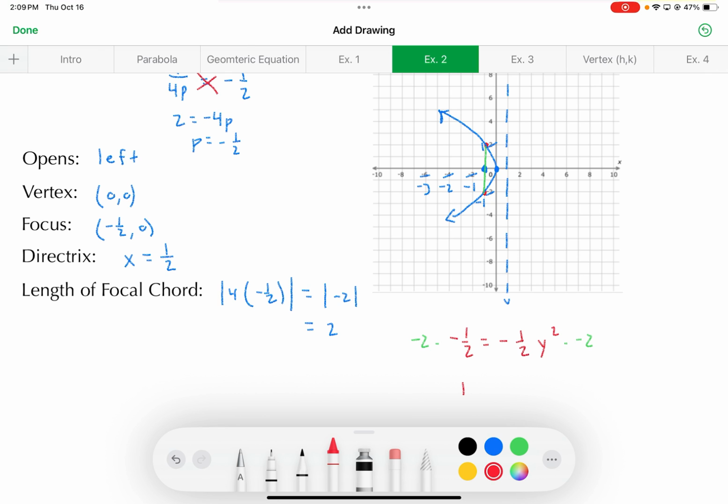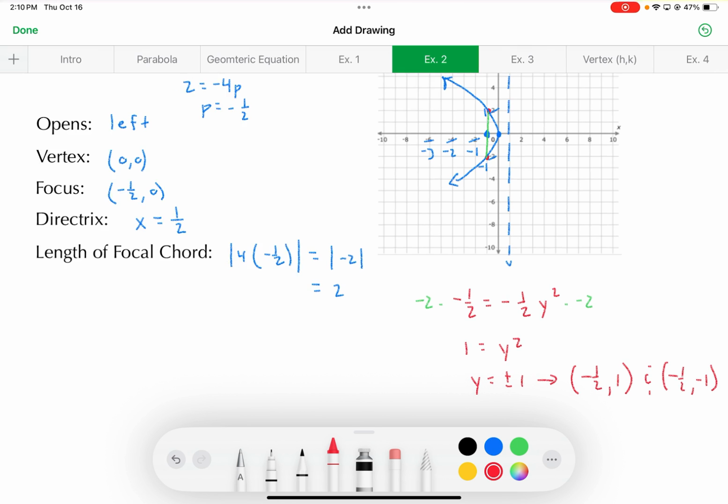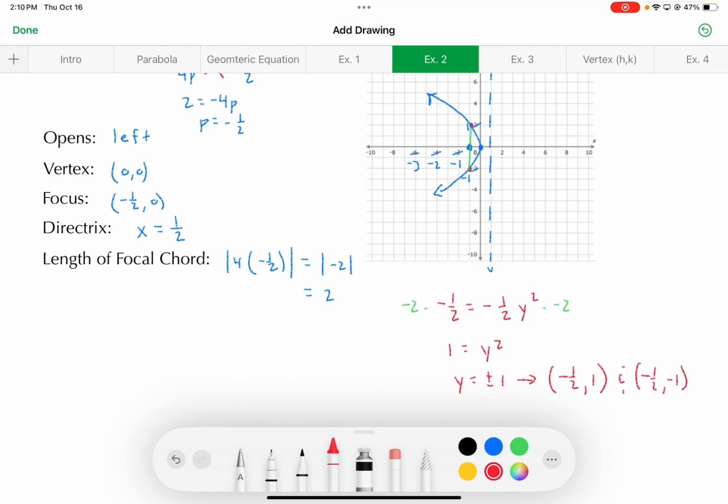I'd end up with 1 equals y squared. Y is plus or minus 1. So notice by plugging -1/2 in, you could get 1, or you could get a second point where the y is -1. Those are, in fact, the 2 points that we have plotted here.